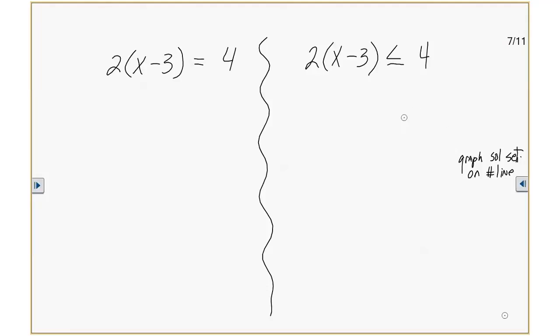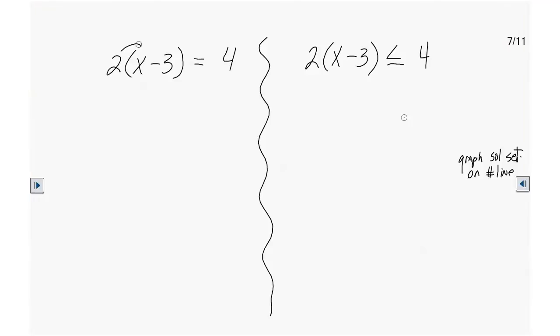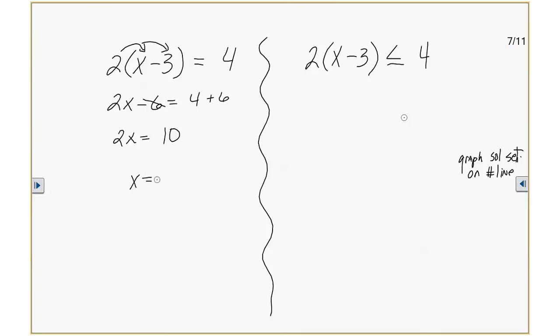So, this problem, you do it over here. 2x minus 6 is equal to 4. 2x is equal to 10. x is equal to what? 5. Everybody should have got that, right?